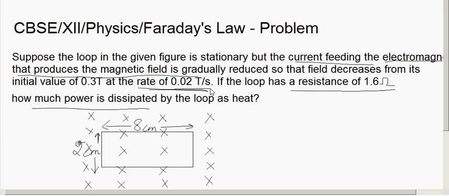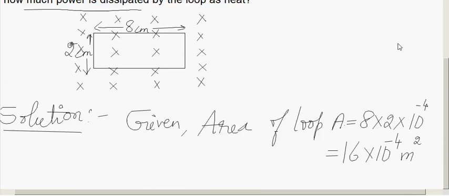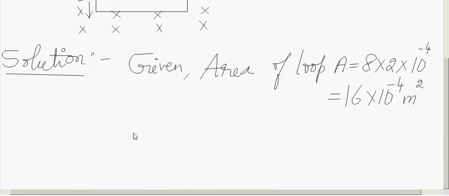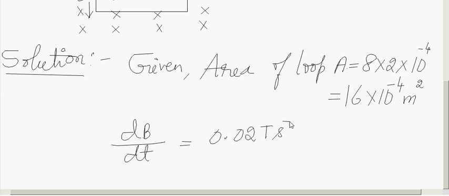The rate at which the field reduces: the field is reducing at a rate of 0.02 Tesla per second, that is dB by dt equals minus 0.02 Tesla per second. The negative sign indicates that the field is reducing.